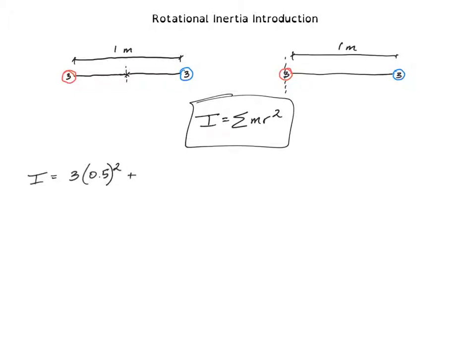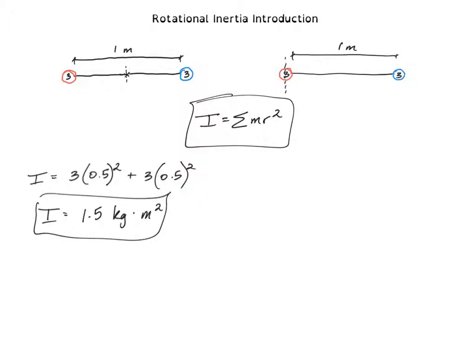But we have to consider both masses here, because the moment of inertia is the sum of both of those masses. So again, I'm going to have 3 times 0.5 squared. If we calculate that out, we end up getting a moment of inertia for these two masses of 1.5 kilograms times meters squared. So that's our moment of inertia for that first example.